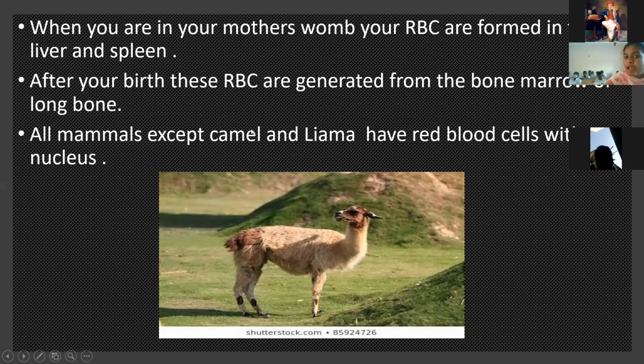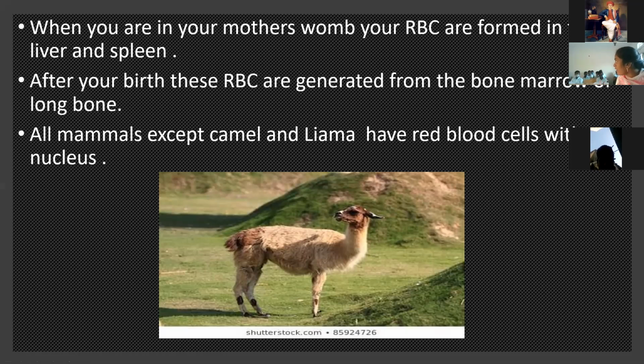In some mammals, except camel and lemur, the red blood cells are without a nucleus. Those animals are known as prokaryotes. What is a prokaryote?